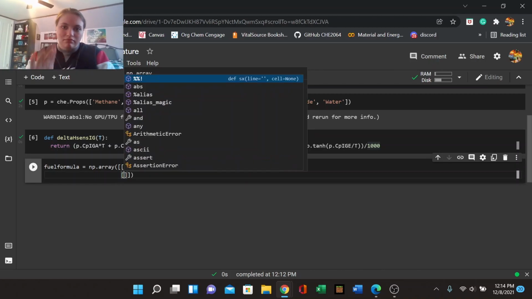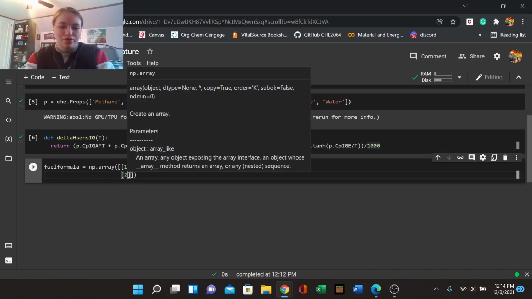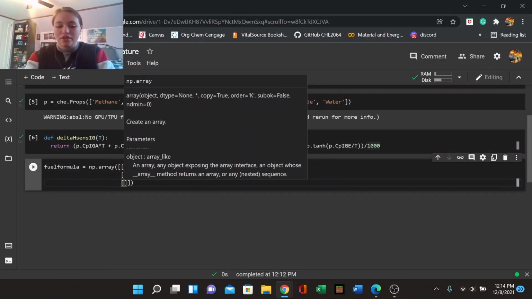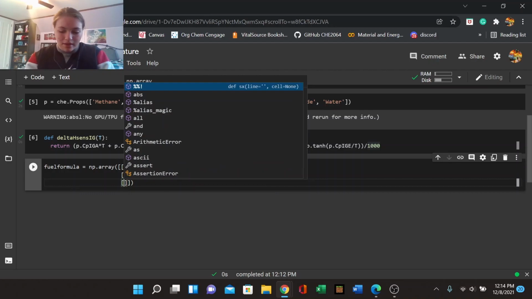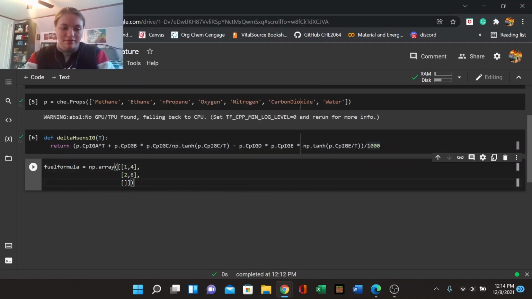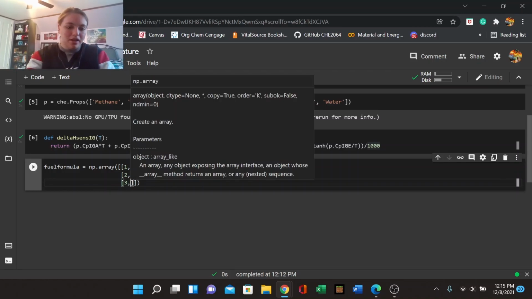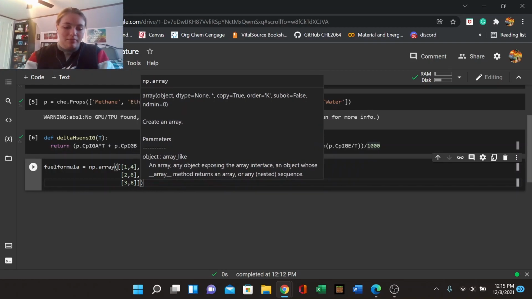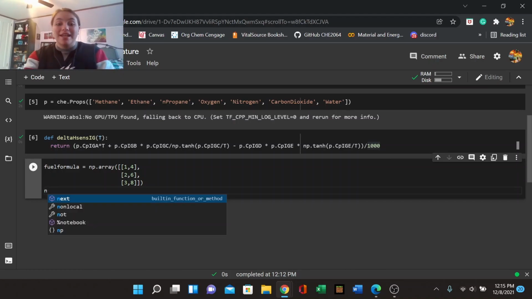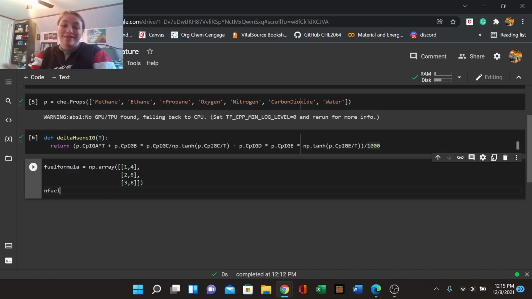And this is just making it a column. 2, 6, end bracket, enter. Well, I forgot the comma. There we go. And then this one is 3, 8, end bracket, and parentheses. Now we are putting in our N fuel, which is what I jumped the gun on when explaining the fuel formula.